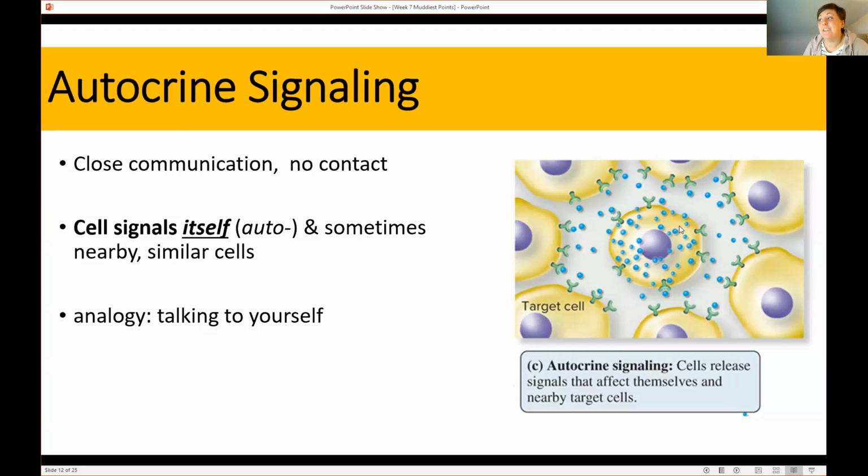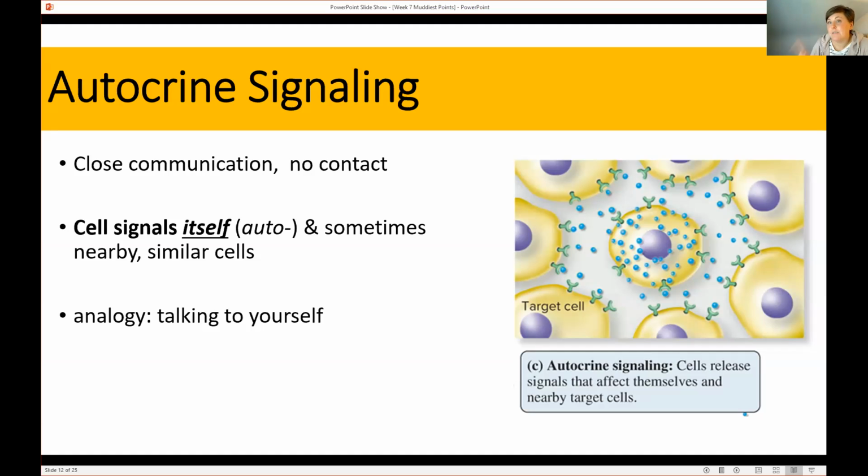So this cell is communicating with itself, but it's also communicating with nearby cells of the same type. But again, how do you recognize autocrine signaling? It's when a cell is communicating and one of the cells it's communicating with is itself. But it can also be communicating concurrently with nearby cells. But importantly, one of the cells receiving that message is the cell itself.